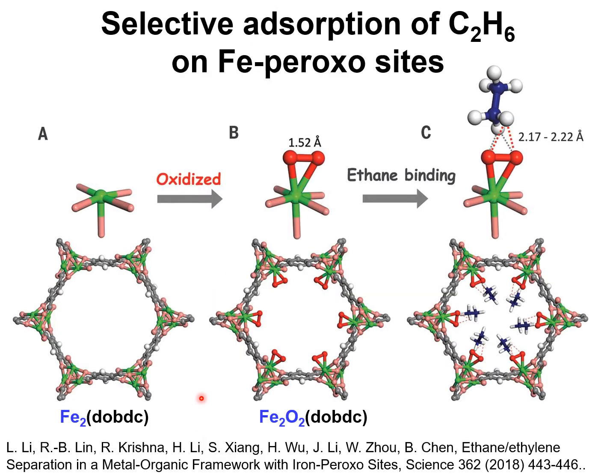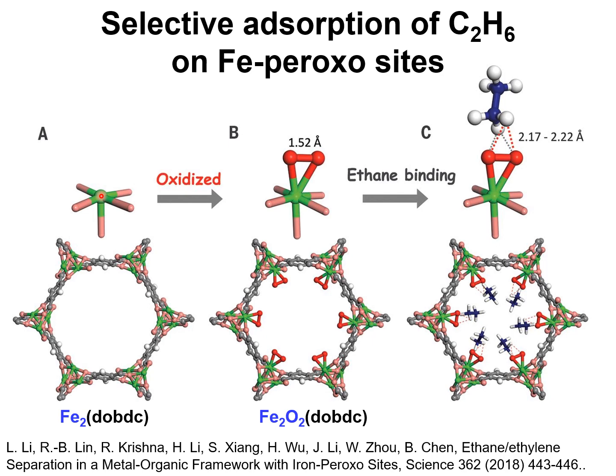As an example of a MOF that is selective to the saturated ethane, let us consider iron MOF 74 or Fe2DOBDC that contains open metal sites of iron.